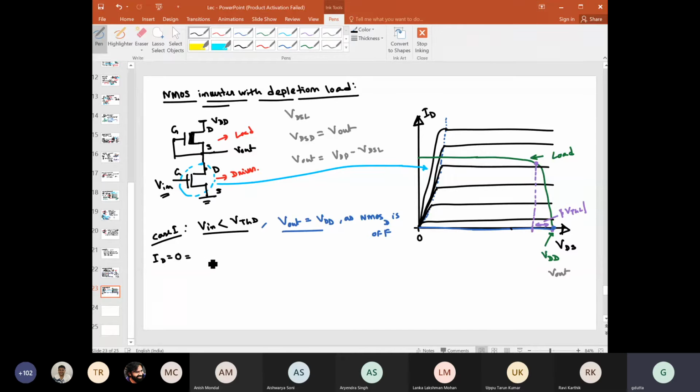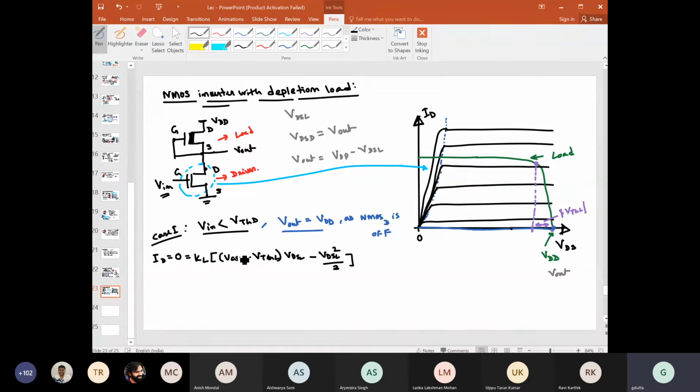So write the expression of the transistor in the triode region, which is KL into (VGSL minus VTHL) into VDSL minus VDSL square by 2, and this part is equal to 0.